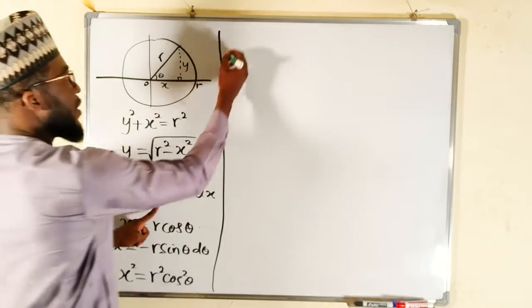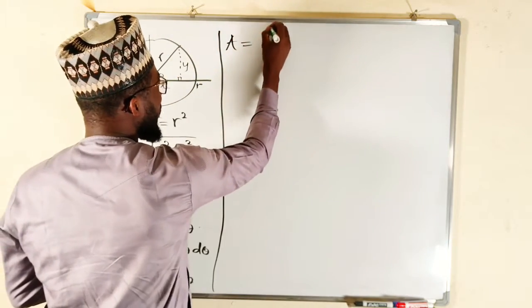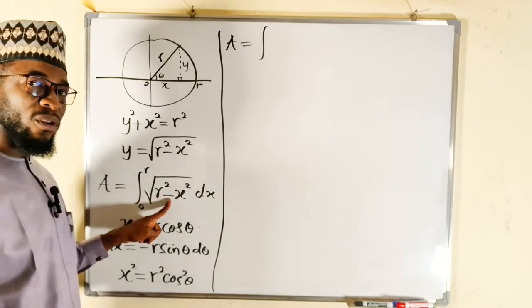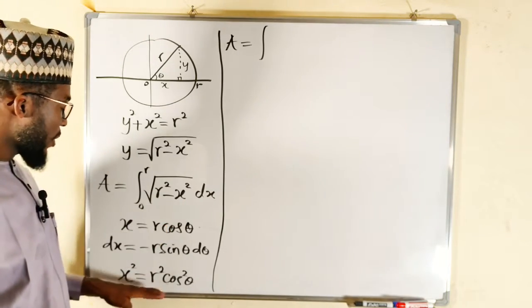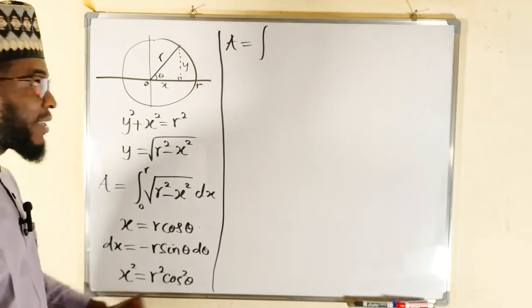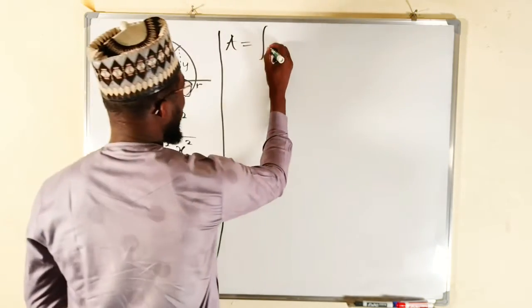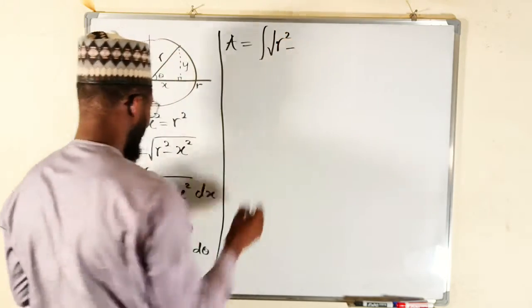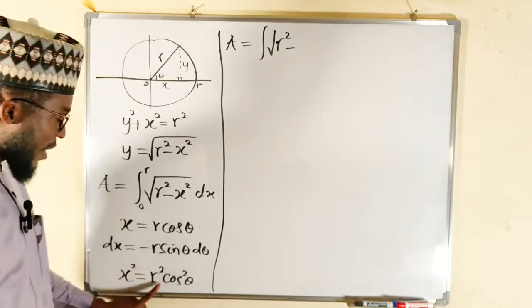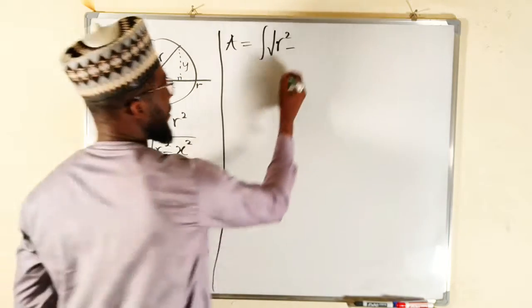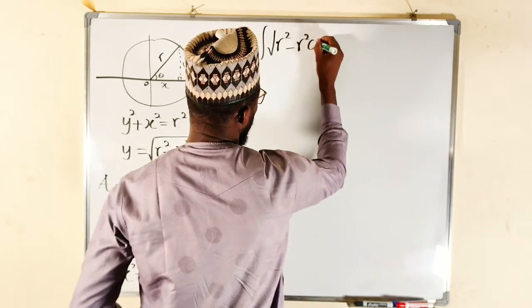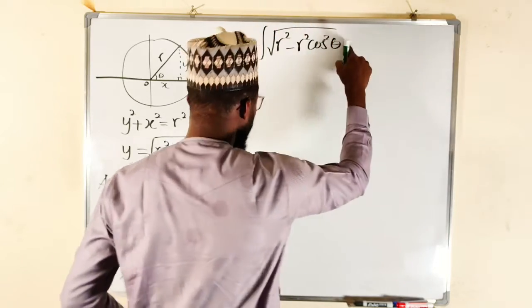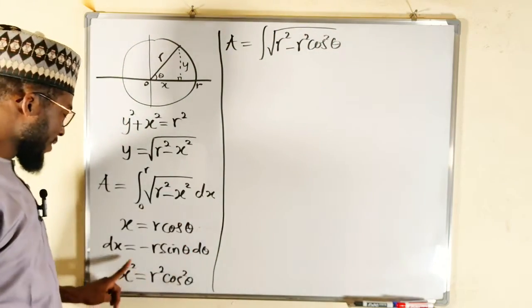So here we have our area to be equal to the integral. Forget about the boundaries because they are going to change. Our initial function is in terms of x, but now we want to change it to be in terms of theta. So we have the square root of r squared minus x squared, but this x squared is now r squared cosine squared theta. dx is now what?